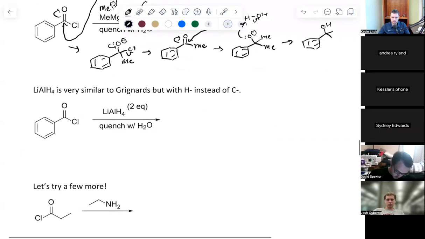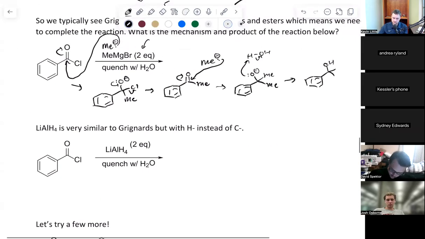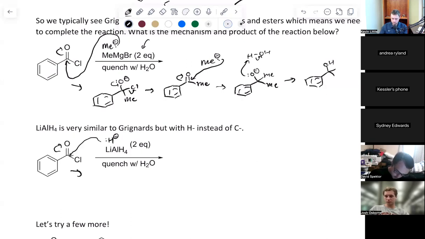We can see the same thing here. I mean, this is almost the same reaction, except instead of a methyl nucleophile, we have a hydride as our nucleophile. It's going to add into this carbonyl, which kicks up the carbonyl. I broke a carbonyl.